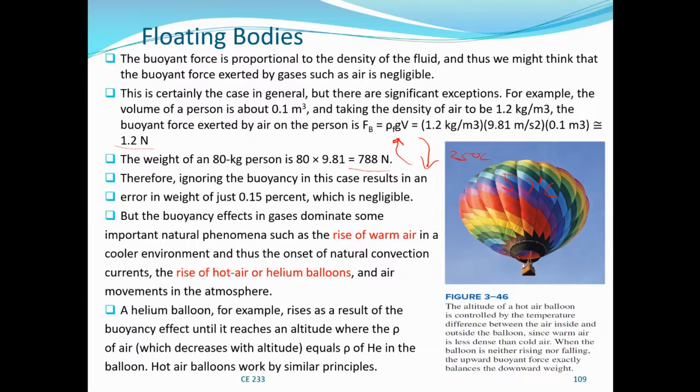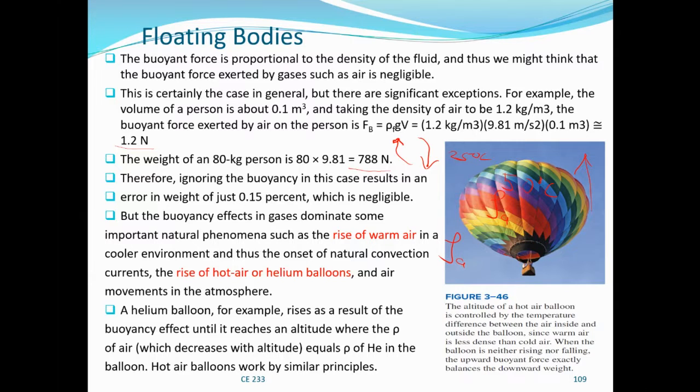The upthrust will push it up because of the variation in density. The density of the outside air will be far greater than the density of the air inside the balloon, so it will rise up.